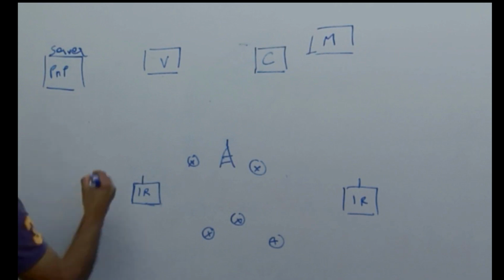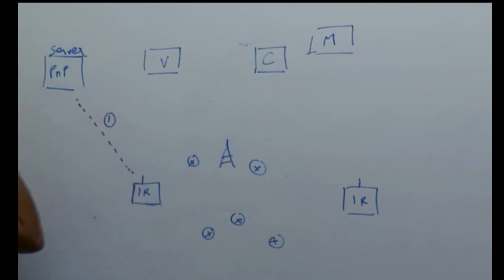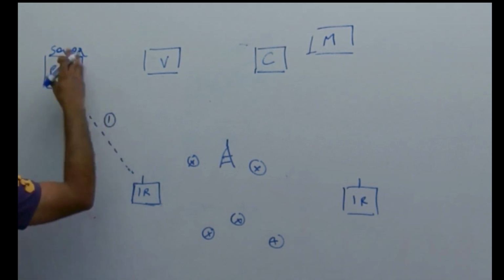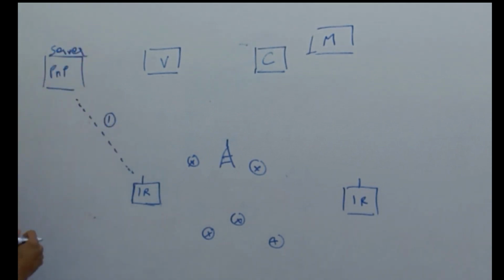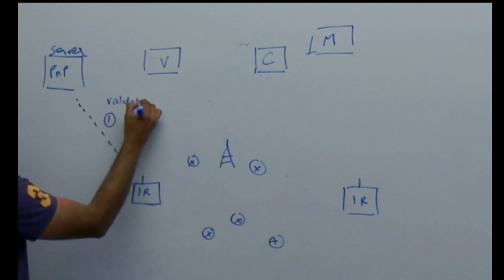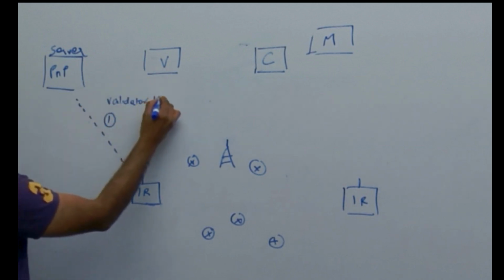Now, once the router is powered up, the first thing it's going to do is connect to the PNP server, which is devicehelper.cisco.com. And it's going to pull down a couple of things based on how we've configured the PNP Smart account. The first thing it'll do is pull down the validator hostname or IP.